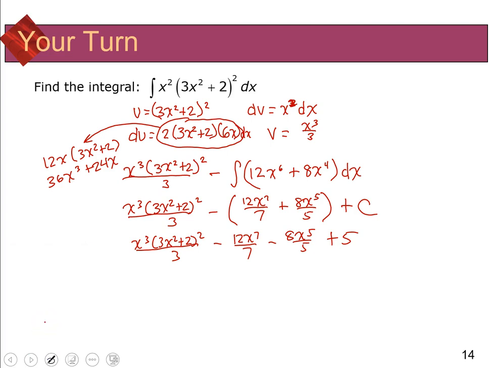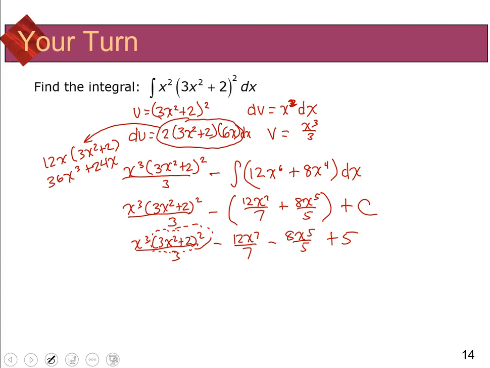So, here's why it's probably best to use the first method, because even in this method, if I'm going to try to make sure it's the same answer as I had before, I'm still going to have to carry through that squaring there.